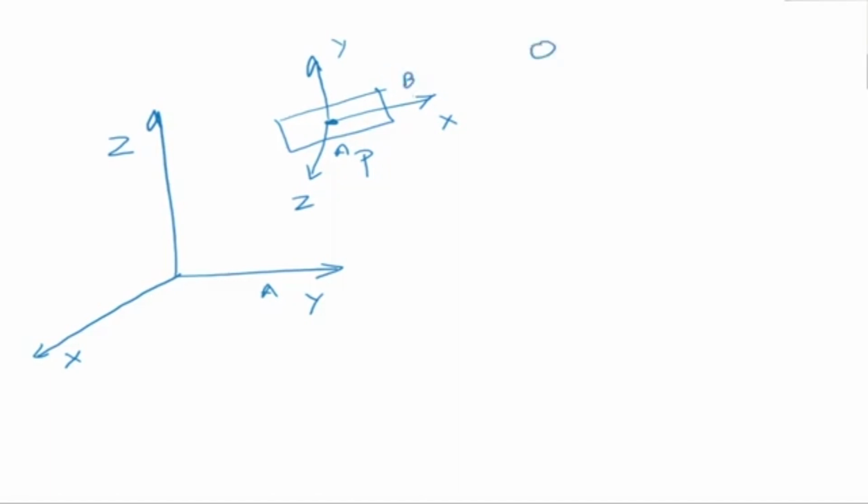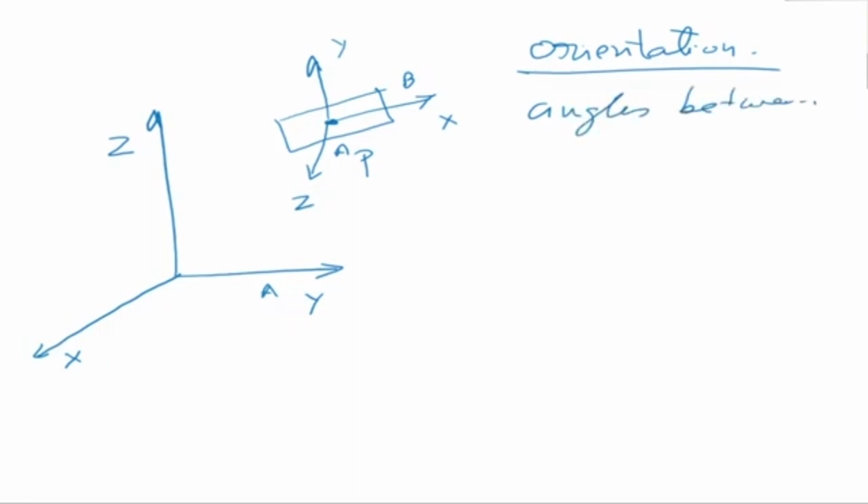Now how do I define orientation? Orientation is defined by taking the angles between frames B and A. So what is the angle made by the x-axis of B with respect to frame A? Then what is the angle that the y-axis of B makes with respect to frame A, and the z-axis of B with respect to frame A?